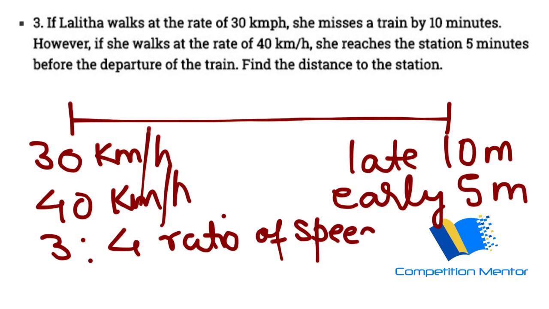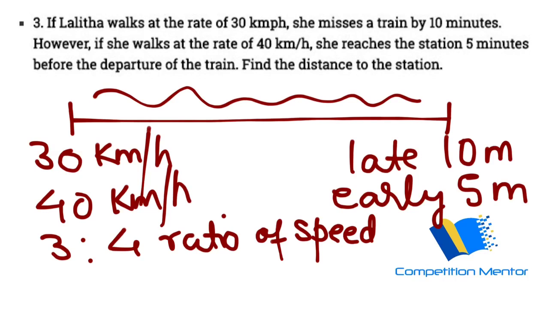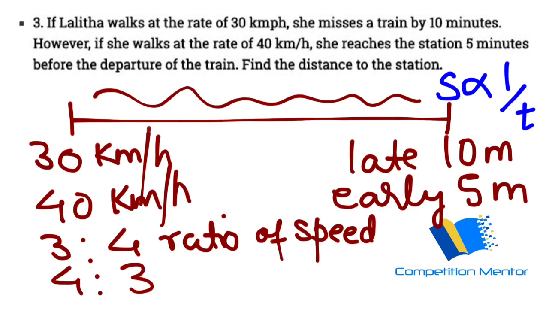Whenever you have a constant distance, because this part is entirely constant, there is no change. So when distance is constant, speed is inversely proportional to time, right? This we know, the basic fact. Now when this happens, 4:3 will be the ratio of time, right?